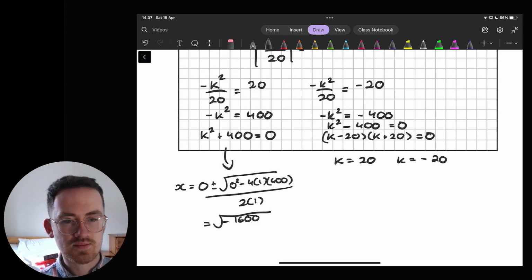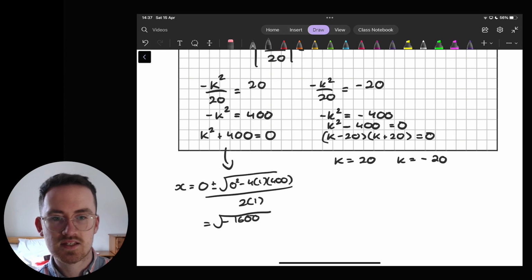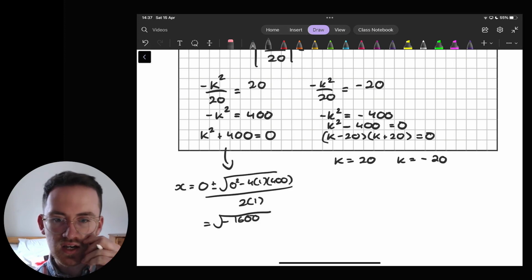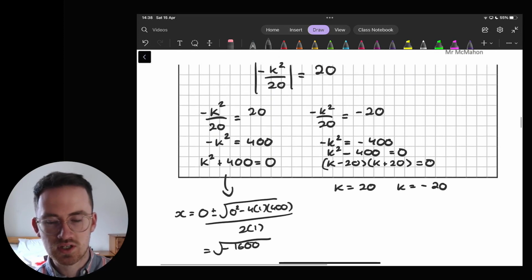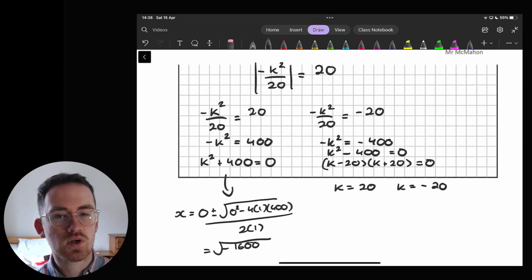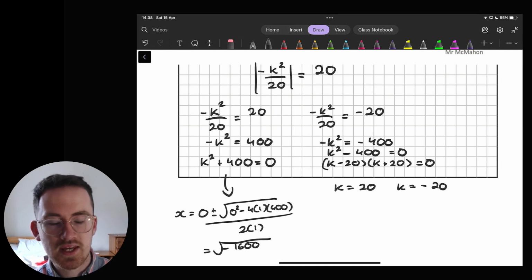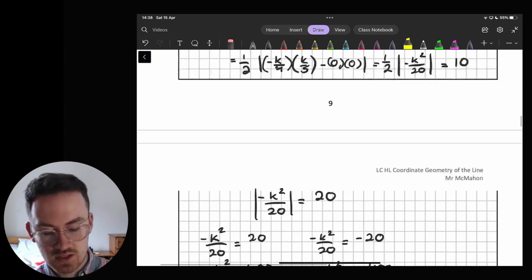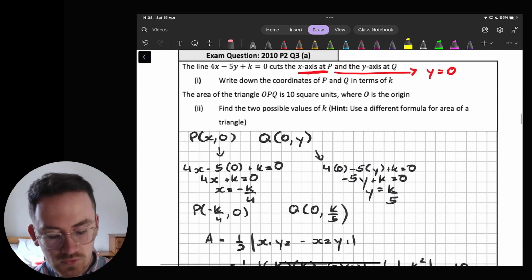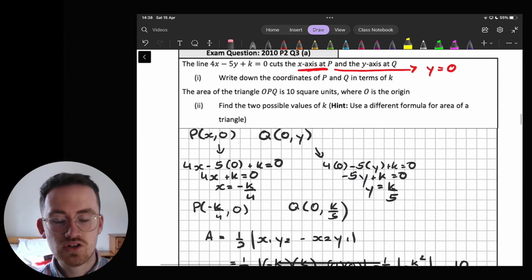That's not something I can work with in this instance, because I could use complex numbers, but we can't here because our area is obviously going to be real. Our area can't be imaginary. We can't have imaginary numbers as part of the area or the coordinates of a triangle. We're working in our real coordinate plane. So k is either going to be 20 or k could be minus 20. Those are our two possible options.